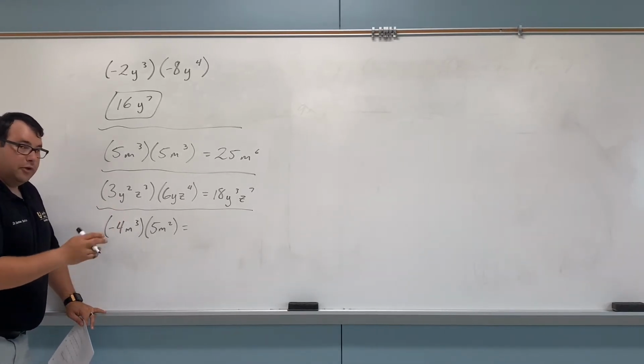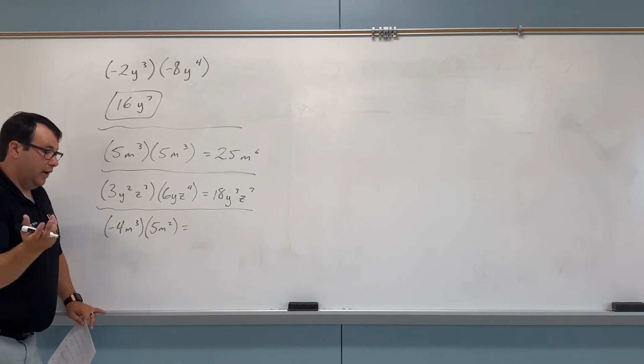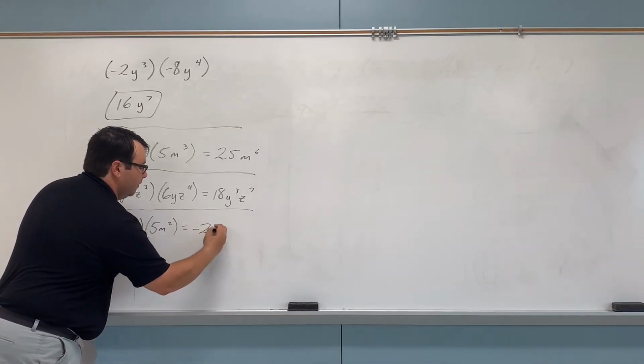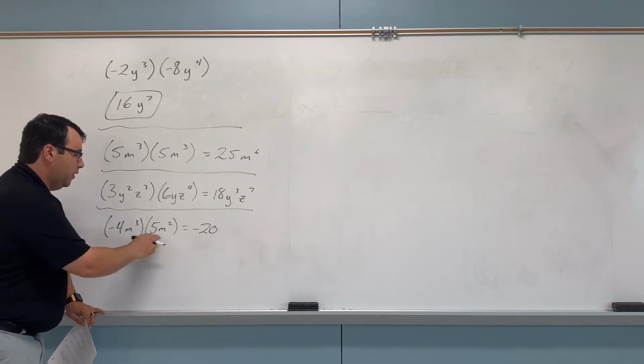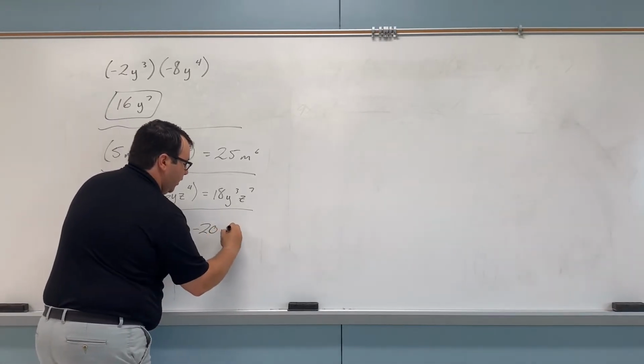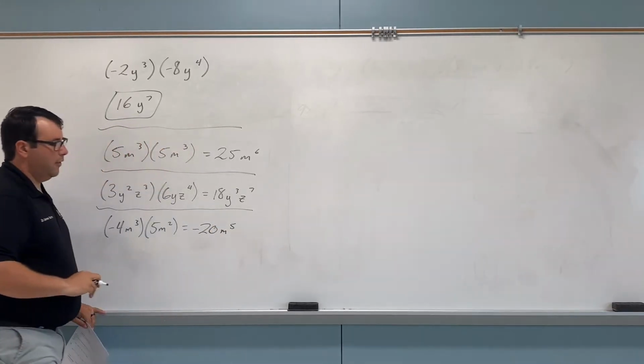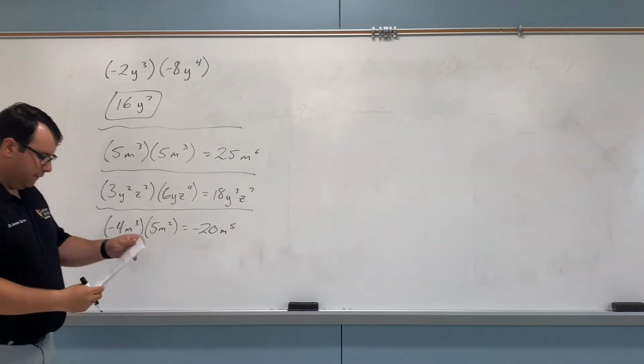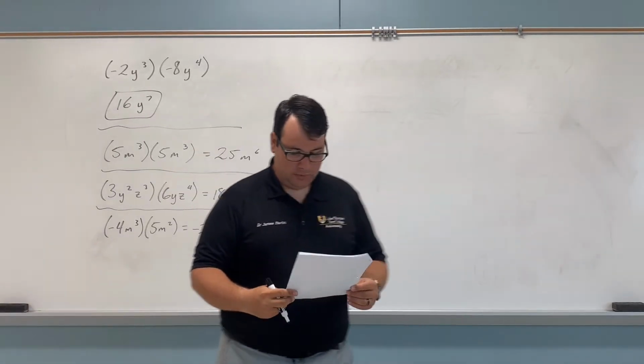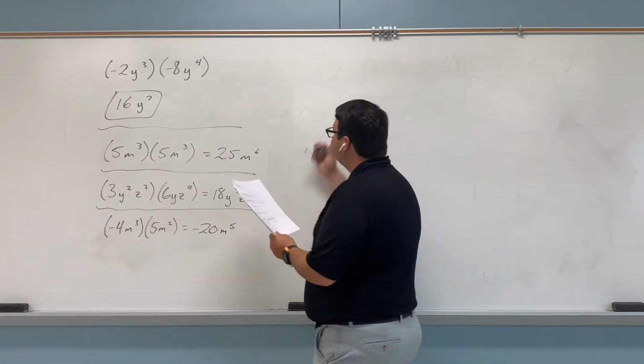So coefficient to coefficient, negative 4 times 5 is negative 20. M to the third times m to the second will become m to the fifth. So again, these are very straightforward. They're very easy to work with.